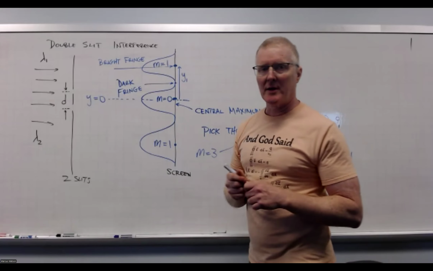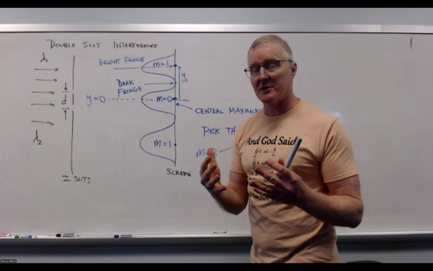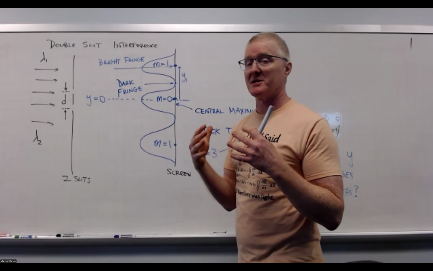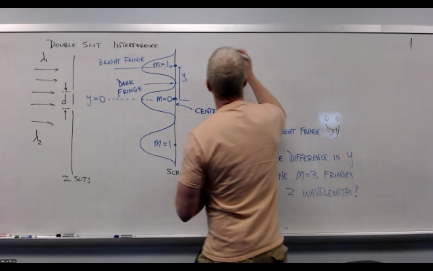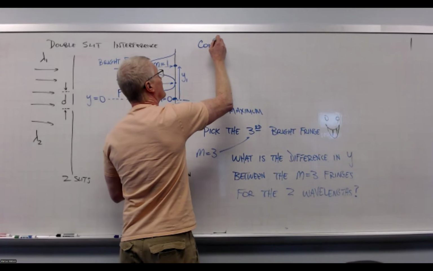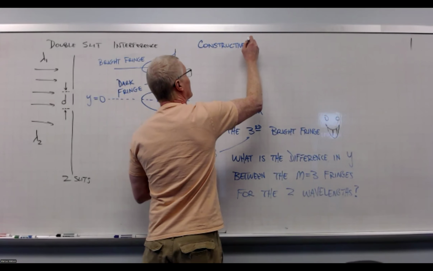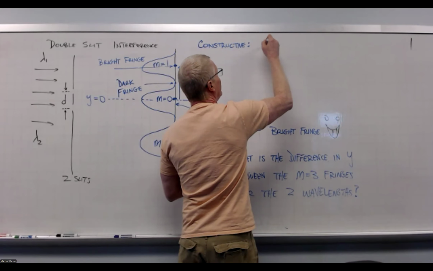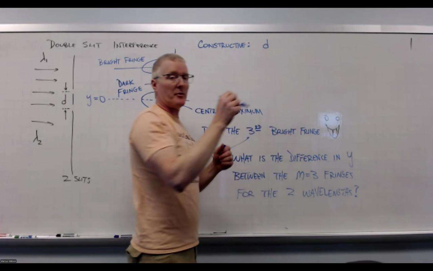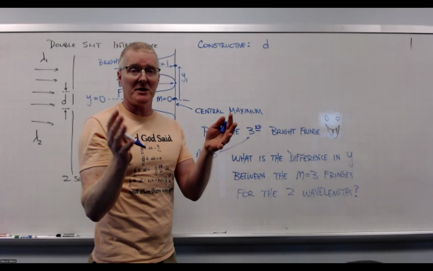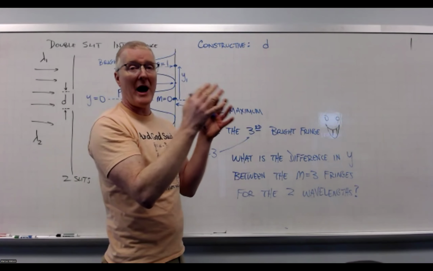Okay, so let's take a look at the constructive interference situation, because that is the one that we are dealing with. We know that d times sine theta, but remember I'm going to be in the small angle approximation, and I'm explicitly asking for the y value.